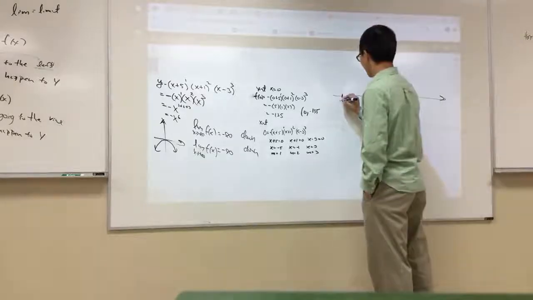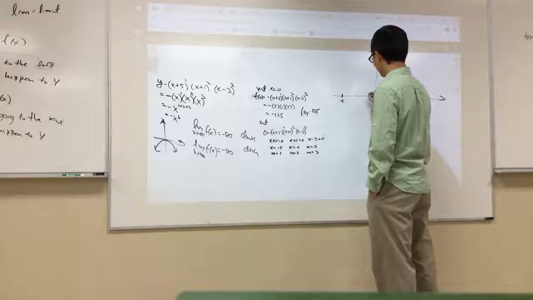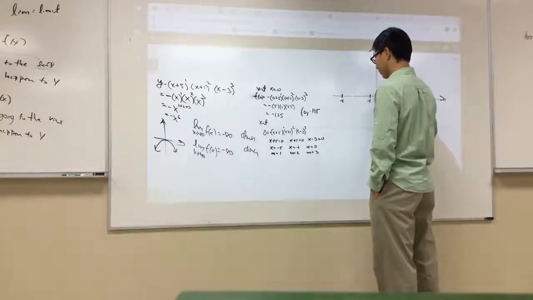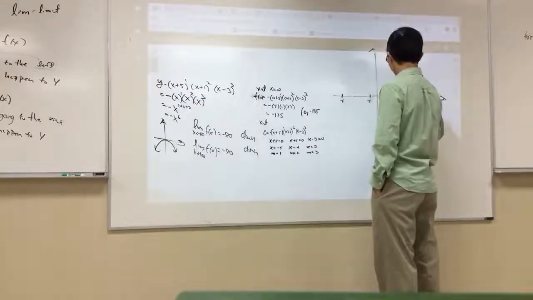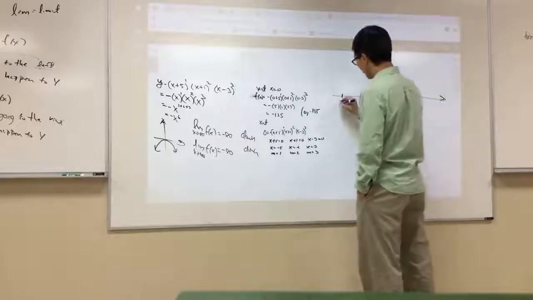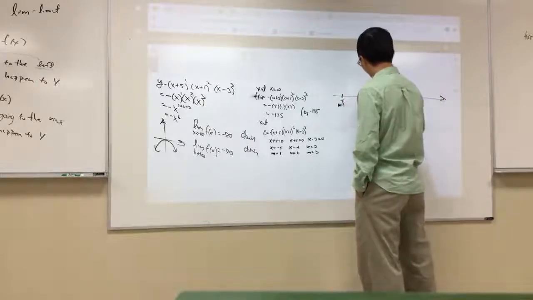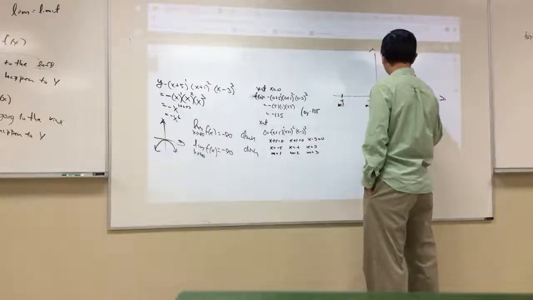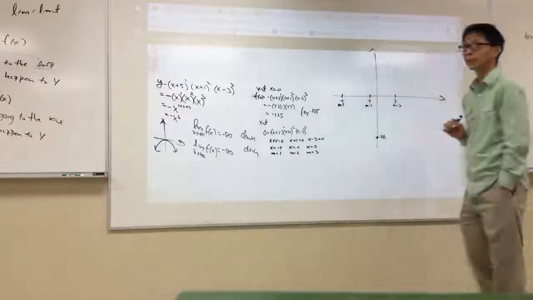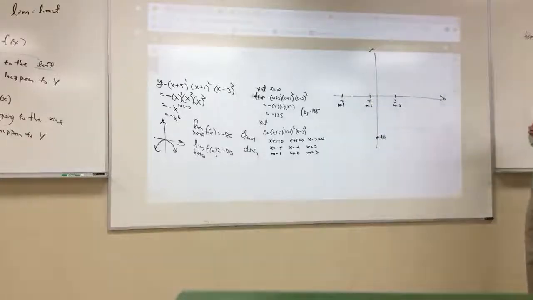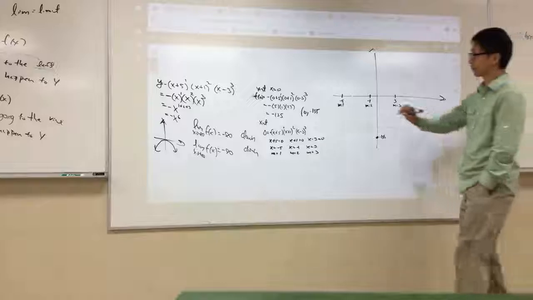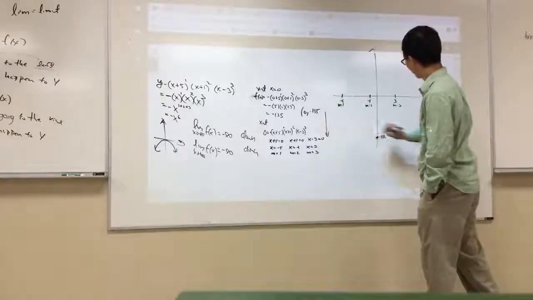Negative 5, negative 1, and 3. m is equal to 3, so that's going to be like this. What's the multiplicity here? 1, 2, and 3. What does the behavior do? Down, right? Down.